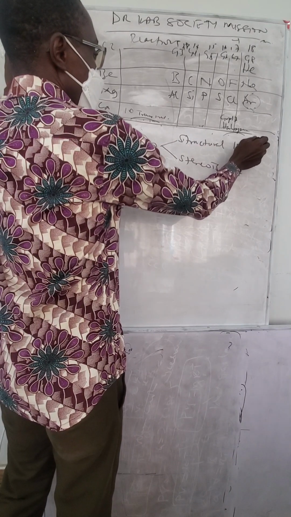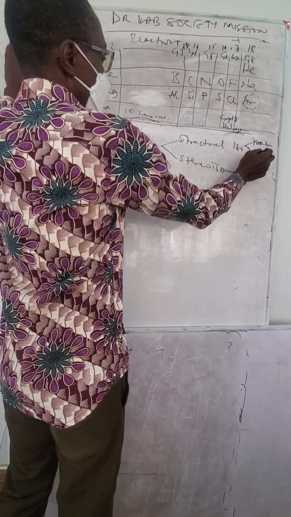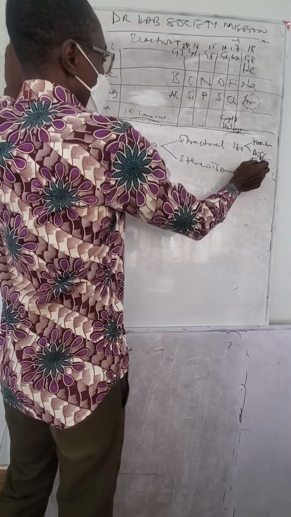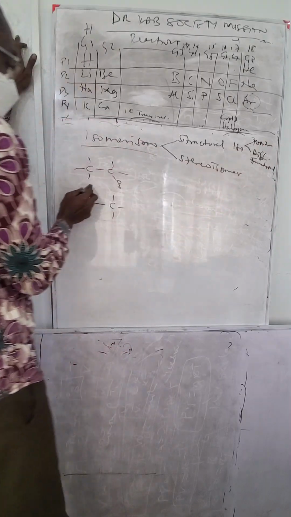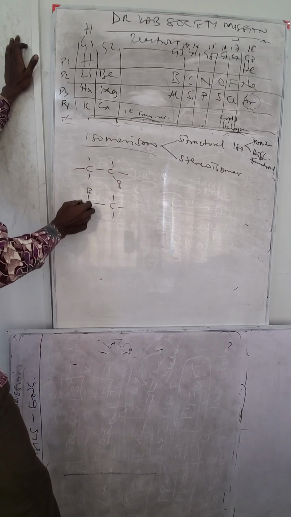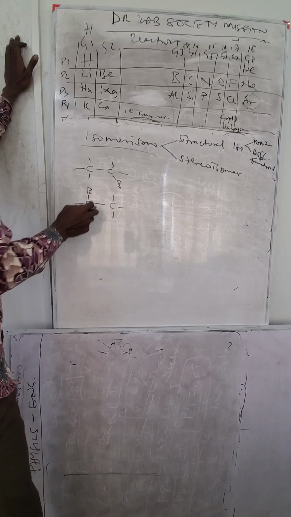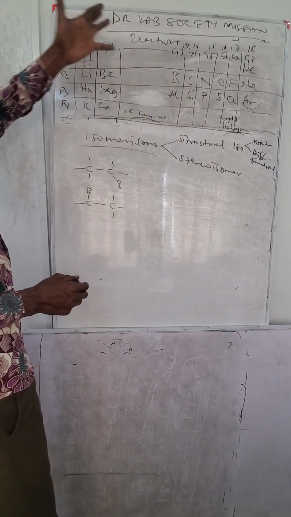Okay, it can be the position which is different, or different functional groups. So you see that in this one, the position has been changed. So although they have the same structure, the position has changed.